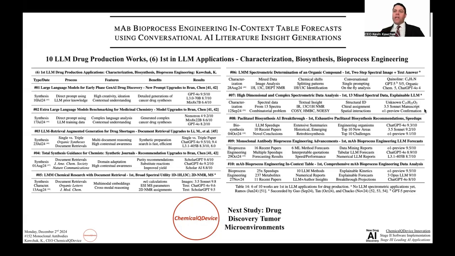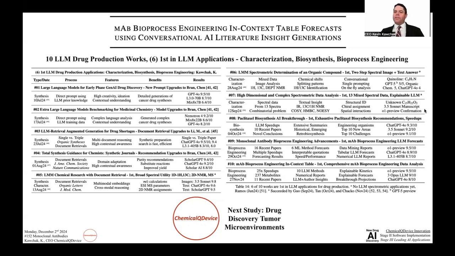And 3.5 Sonnet, and after I published, O1 Preview, both had the same answer: it's ethyl ester ibuprofen, a smaller molecule at C15H22O2. And I double checked that. I believe it's right, and it's still an unknown that the professor hasn't published the answer for. But again, I had 2 models that were convincing, and based on the data and the correlations, I'm pretty convinced that that's the answer too.